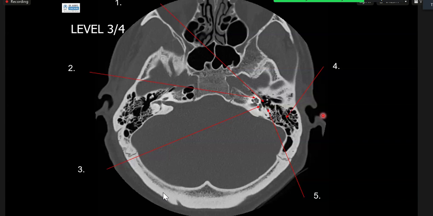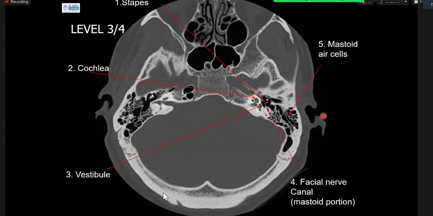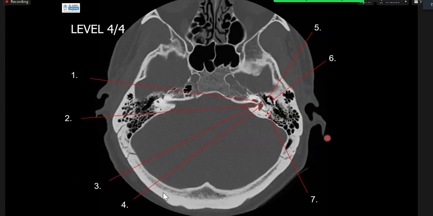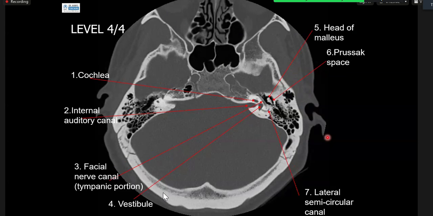And in the next cut here, we can see mastoid cells, we can see stapes, we can see the cochlea, we can see the vestibule, and we can see the facial nerve. Here we can see the head of the malleus and the body. This is the incudomalleolar joint.